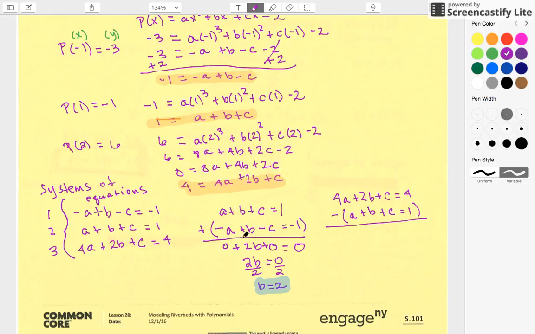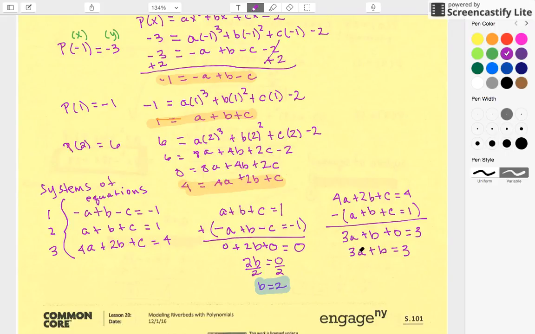You want to eliminate at least one variable whenever we have 3 variables in the equation. So 4a minus a is 3a, 2b minus b is 1b, c minus c is 0, 4 minus 1 is 3. So then here we just have 3a plus b equals 3.